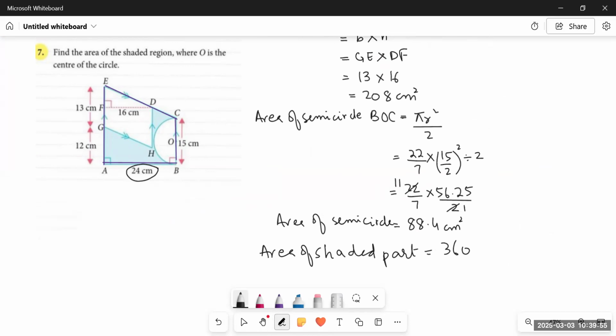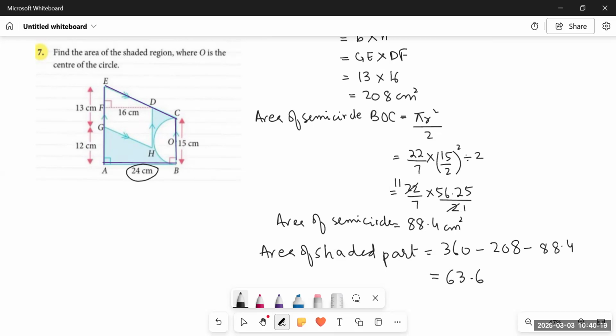Then we will subtract the area of the parallelogram, which was 208, and then we will further subtract the area of the semicircle, which is 88.4. So the final answer would be 360 minus 208 is equal to 152. 152 minus 88.4 equals 63.6.